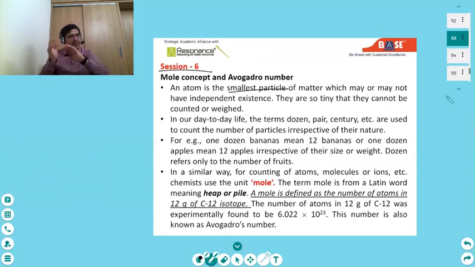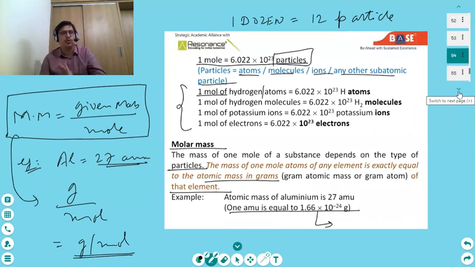And that number is named Avogadro number. Okay. Just like 1 dozen is 12, fixed, 1 mole is 6.022 into 10 to the power 23, fixed. That 12 doesn't have a specific name, but this number has a specific name known as Avogadro number. The name was coined by John Perrin. That much you have to understand.